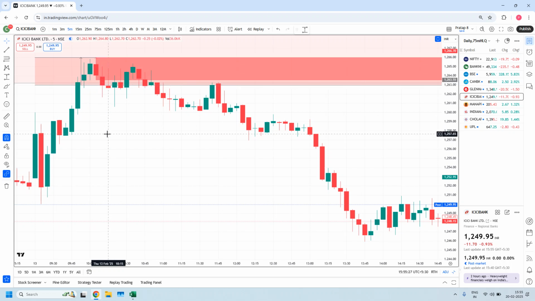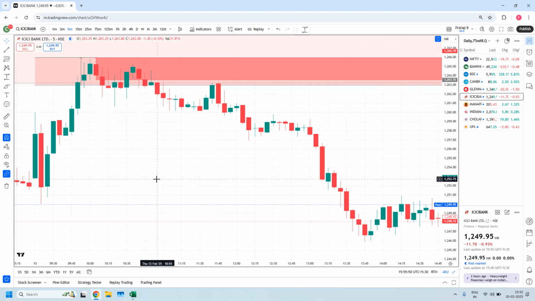In the leg out, the fundamental principle is the body should come out of the zone. Whether the complete body or a partial body comes out, it doesn't matter. But finally, at the time of closing, the body should come out of the zone. But the body is staying inside the zone if you consider this as a base candle. But still, see, so many candles it is holding.